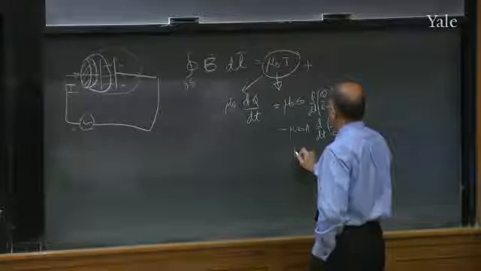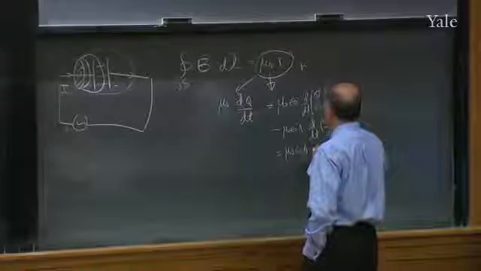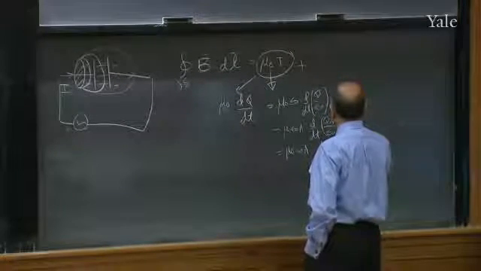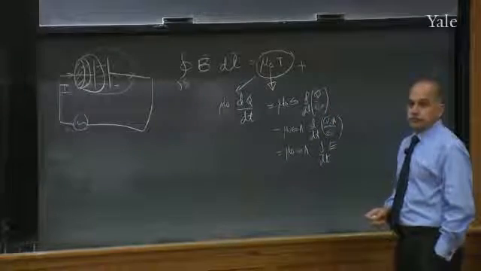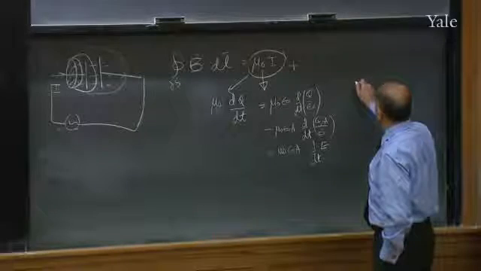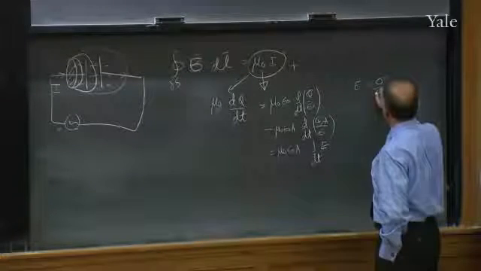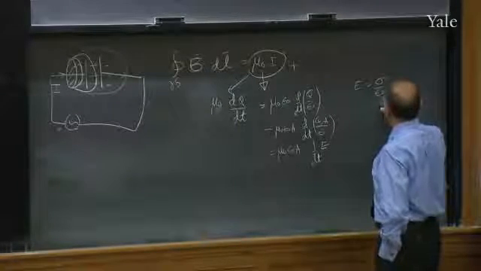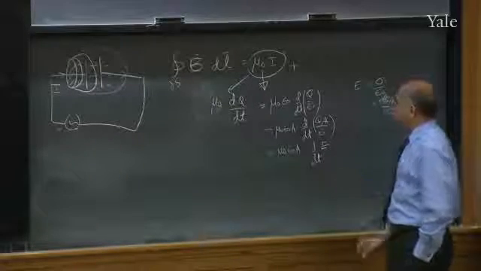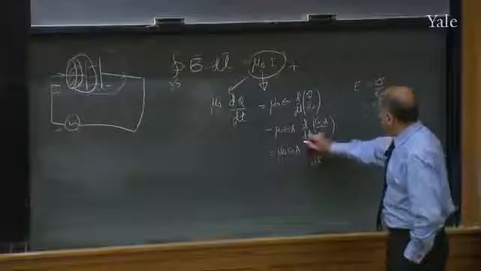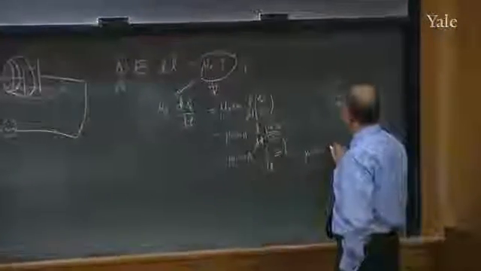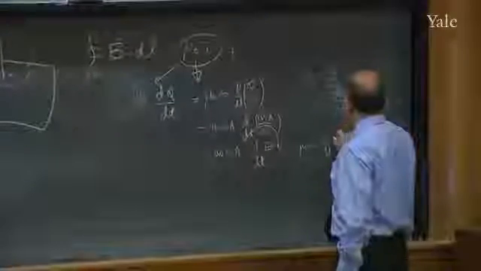That is equal to mu 0 epsilon 0 A times d by dt of the electric field between the plates. Why is that? Because electric field is sigma over epsilon 0, and sigma is just q over A. Now bring that A in here, and you get mu 0 epsilon 0 d by dt of electric field times A.